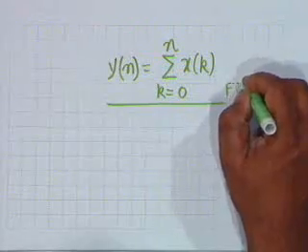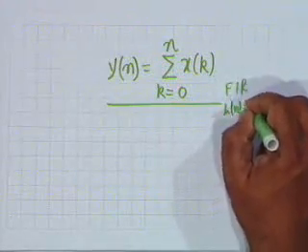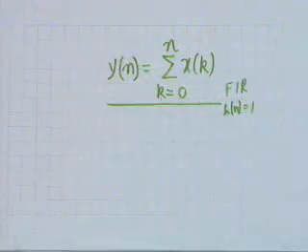Obviously it is FIR. And what are the impulse response sequences? It's unity all the way. What is the total number of impulse response samples? N plus 1. That's correct. So it is an FIR system with h of k equal to 1 for k equal to 0 to n.